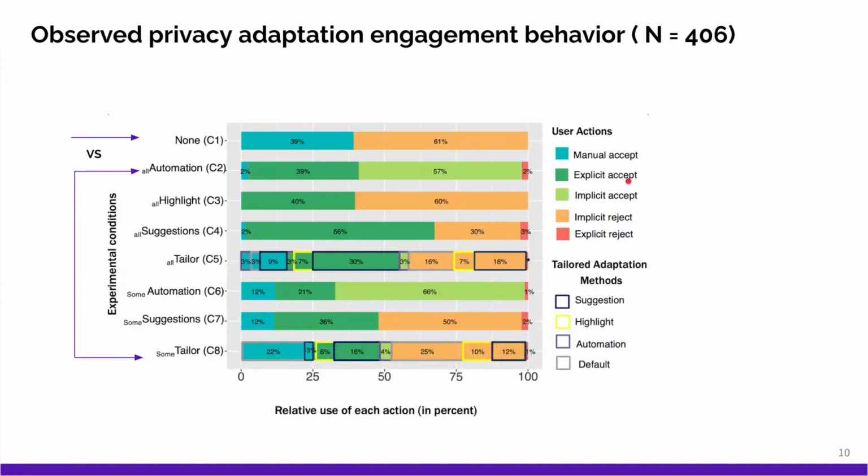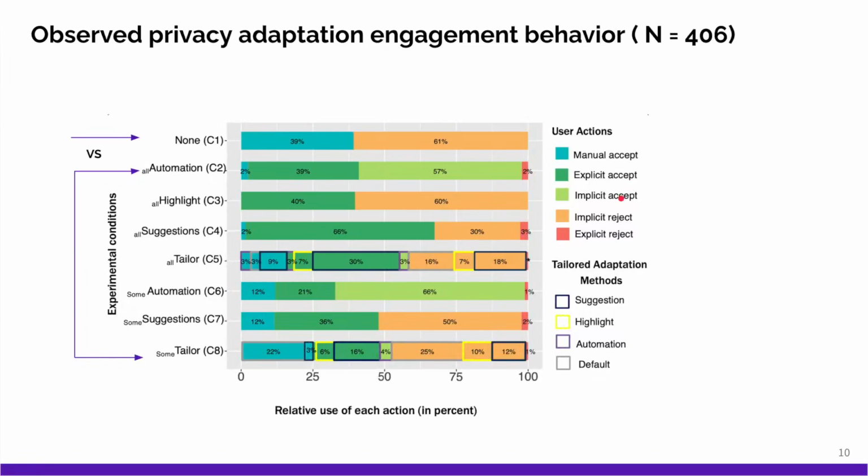Or they could explicitly accept, which was the participant explicitly accepted the adaptation either by approving the suggestion, in this case if they made a suggestion, by clicking OK, engaging with the highlighted feature, or verifying the automated adaptation by clicking OK.